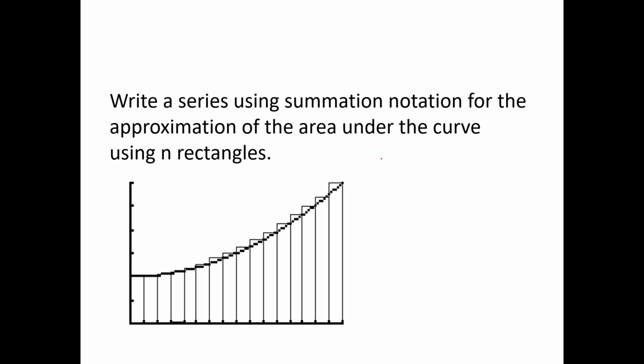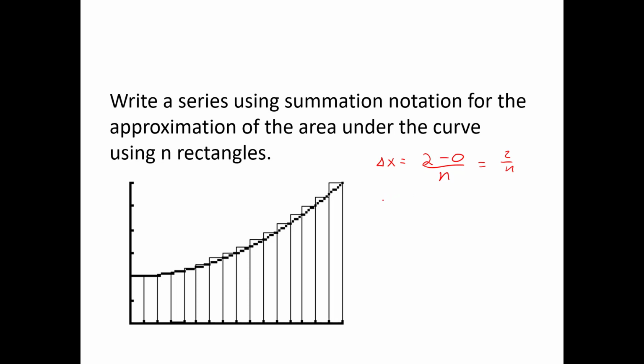So again, first we have to figure out what is the width. Delta x is equal to the whole width, which was 2 minus 0, and we want to use n rectangles, and so each width is going to be 2 over n. We're doing the same problem, the same curve, but now we're using n rectangles, right?